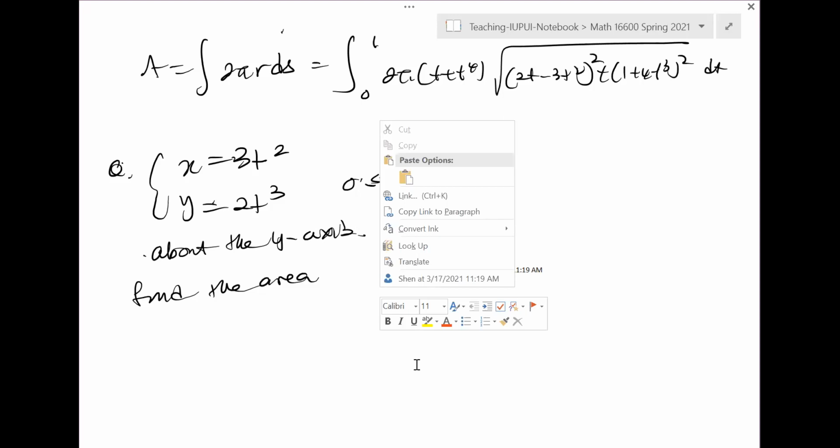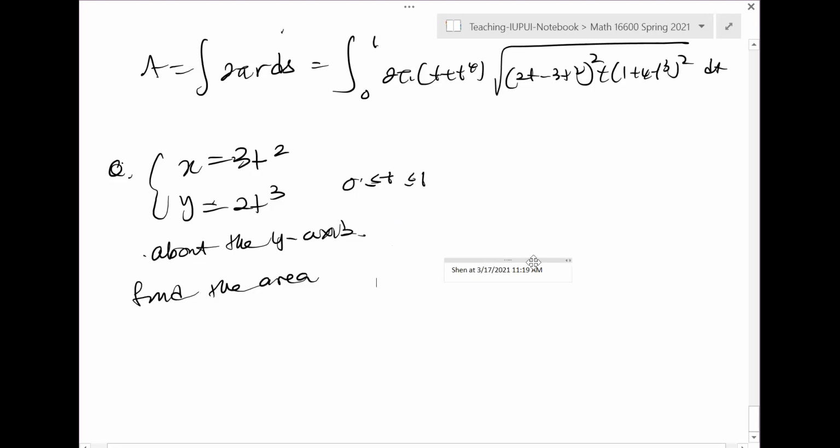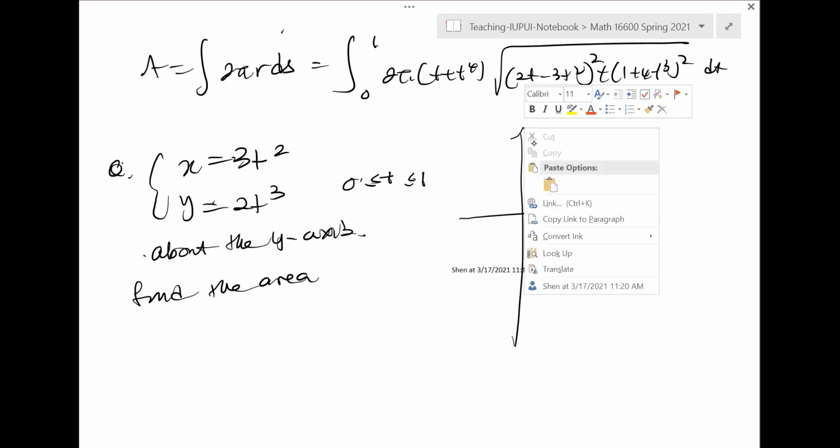Okay, so what is the surface? Sketch it, right? So let's sketch the graph. And again, for t between 0 and 1, both x and y are positive, so the curve is in the first quadrant.